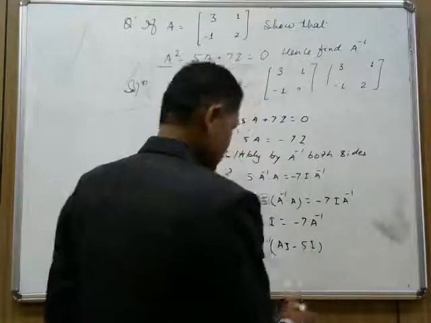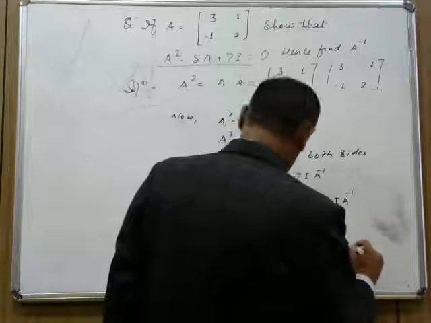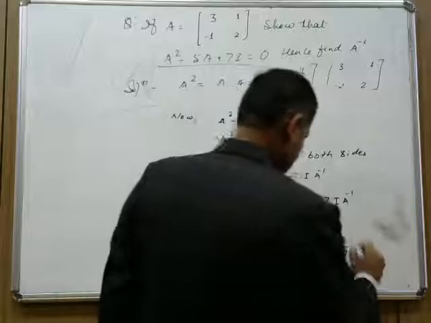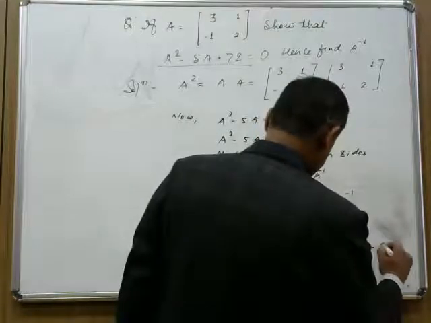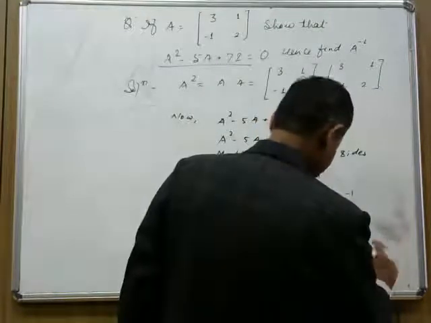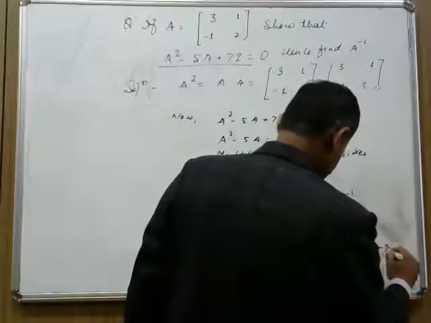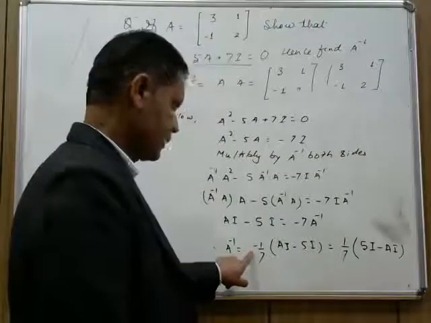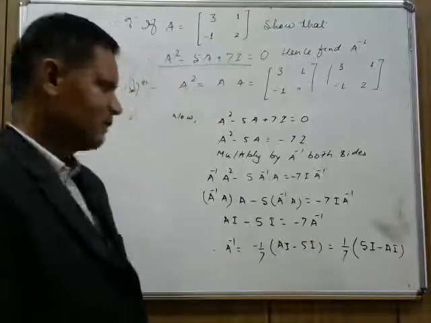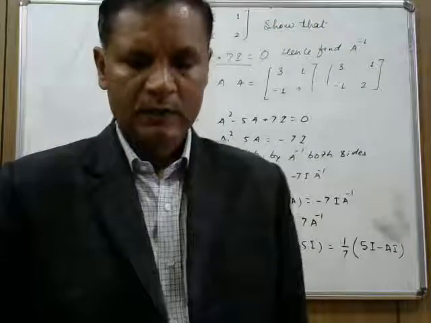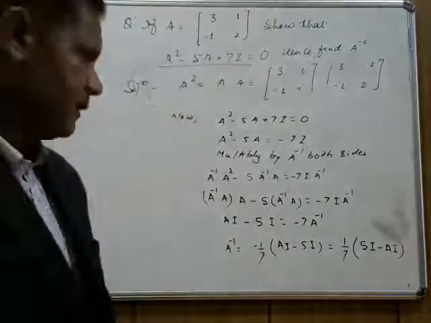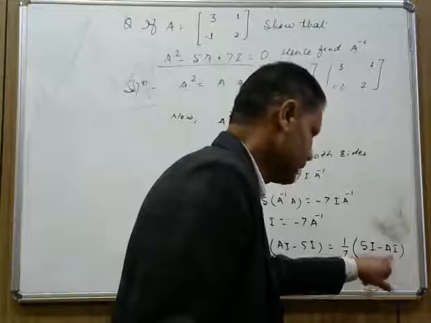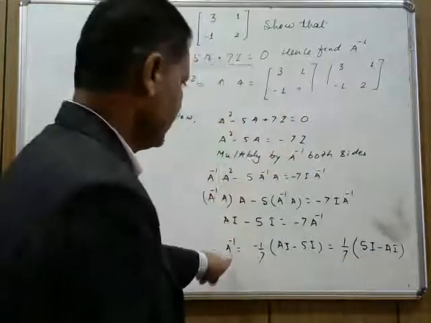That's why I can write this as 1 by 7 into 5I minus AI, I made it positive. We know that, therefore, 5 into the identity matrix and A into I. Therefore, we have got A inverse is equal to this.